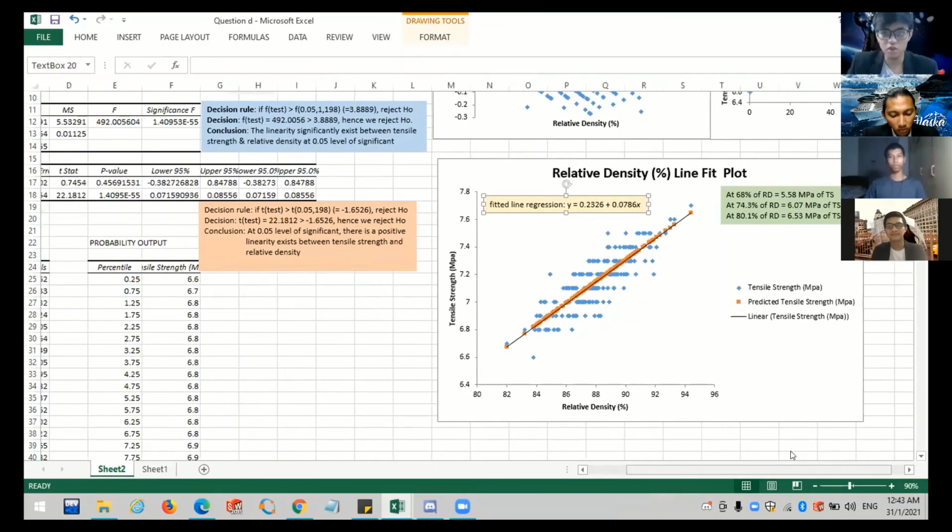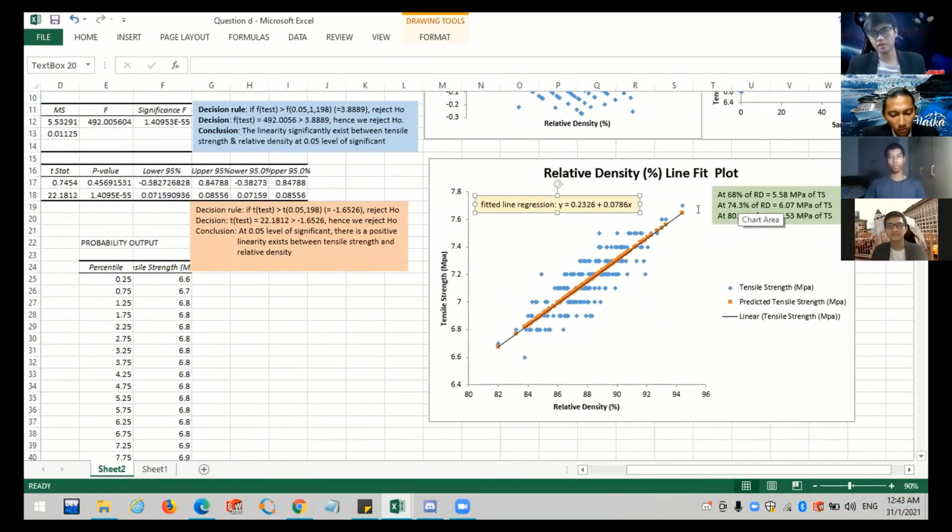I move the equation here. We use this equation to predict the value of tensile strength at 68% relative density, and we obtain 5.58 megapascal. For 74.3% of relative density, the tensile strength is 6.07 megapascal. The last one, for relative density at 80.1%, the tensile strength is 6.53 megapascal.